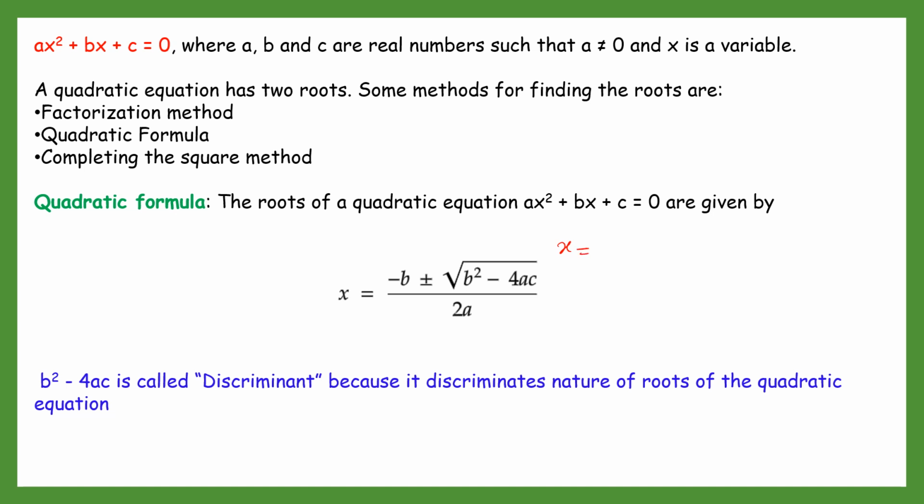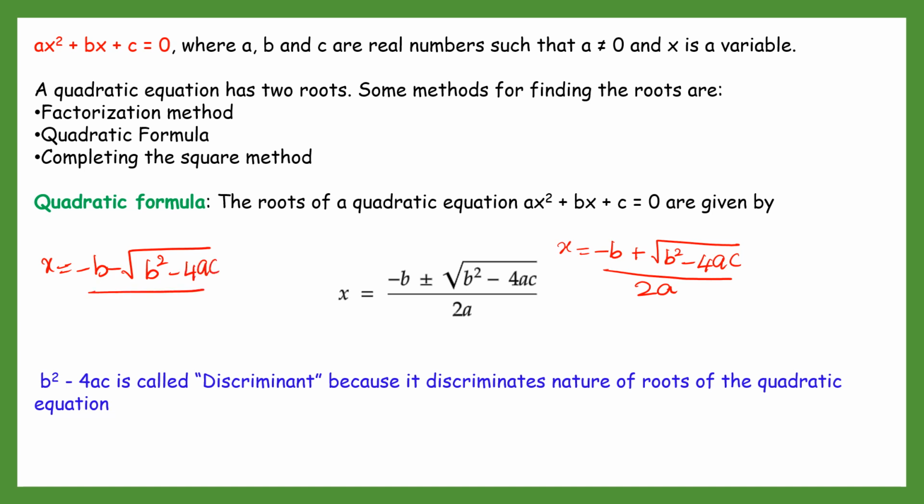One root is x is equal to minus b plus root of b square minus 4ac by 2a, and the other root is x is equal to minus b minus root of b square minus 4ac by 2a. These are the two roots.